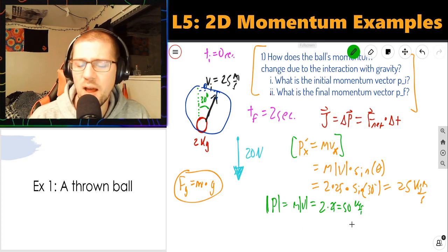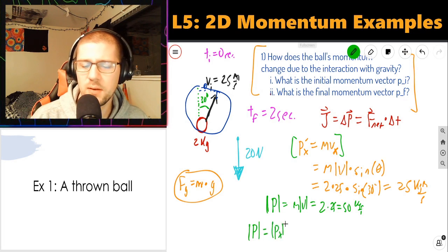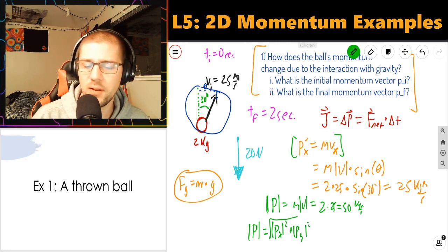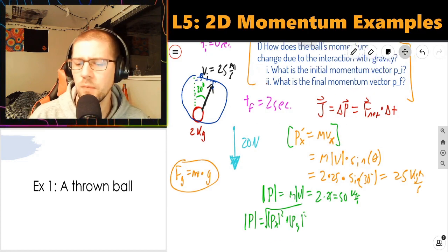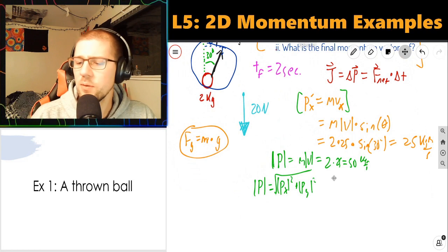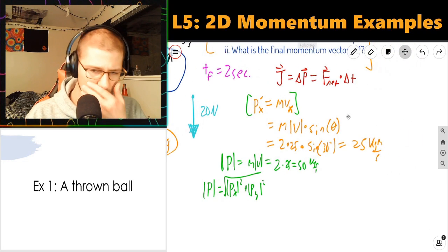And then use the knowledge that the two components must sum up like this: px squared plus py squared, and I square root it, to get the total. They sum squared like you would just a distance, right? A squared plus b squared equals c squared.